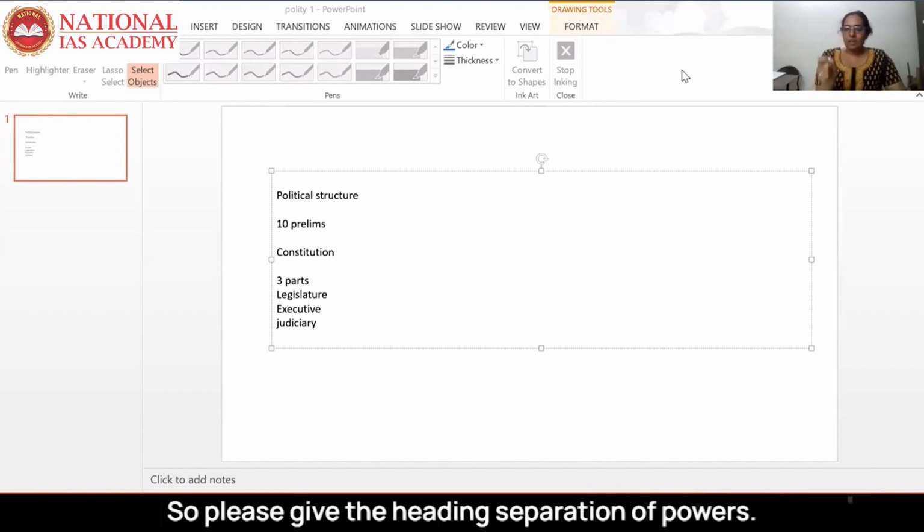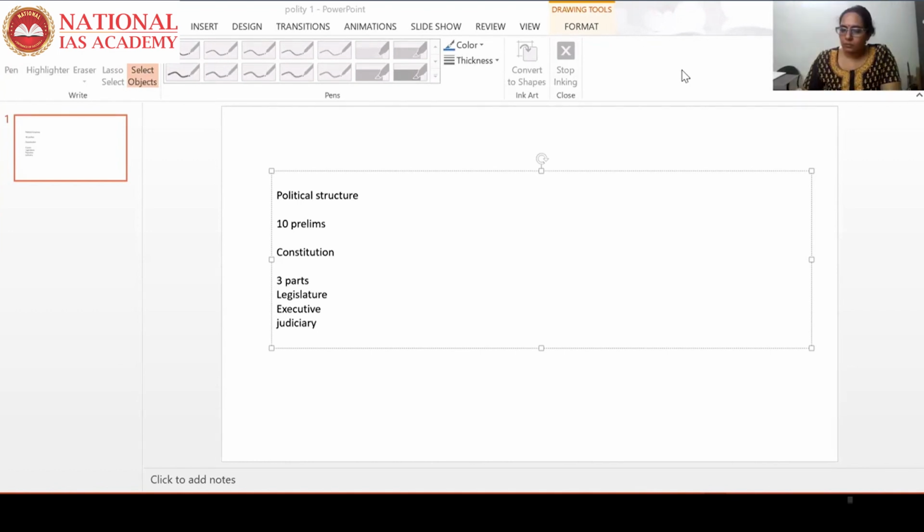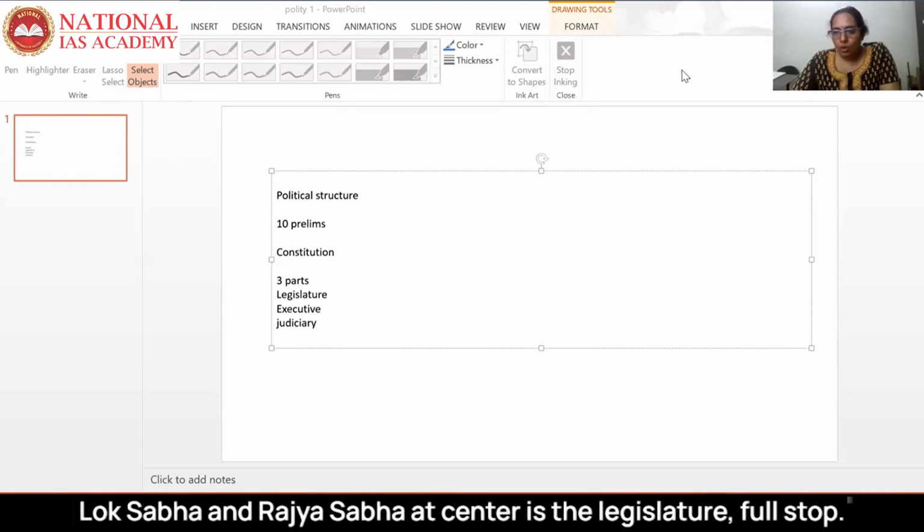Okay, so please give the heading, separation of powers. Indian political structure divides power into three organs. Put a hyphen: legislature, law-making body. Parliament with Lok Sabha and Rajya Sabha at the center is the legislature.